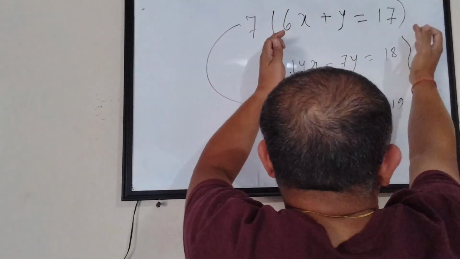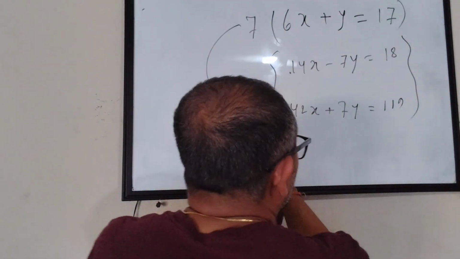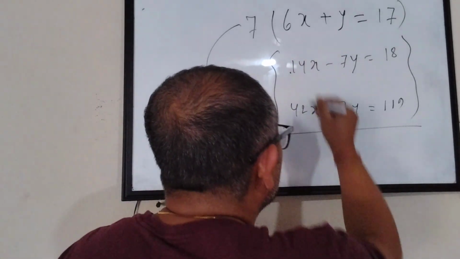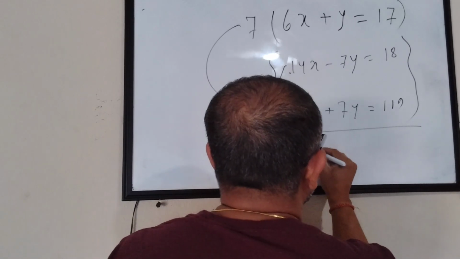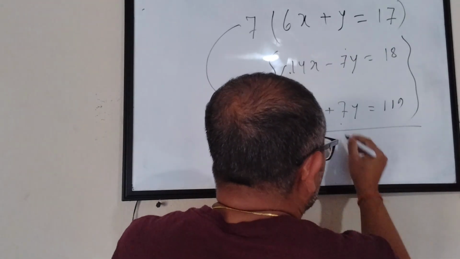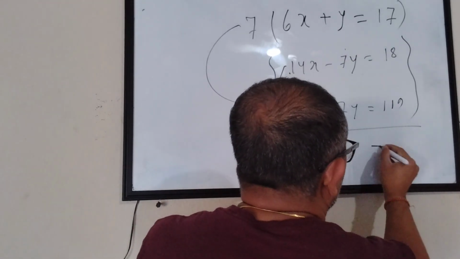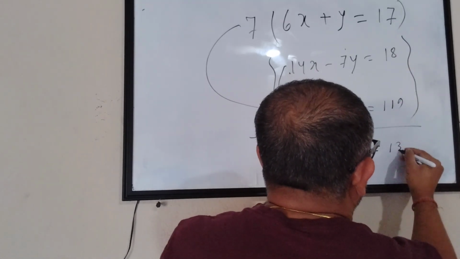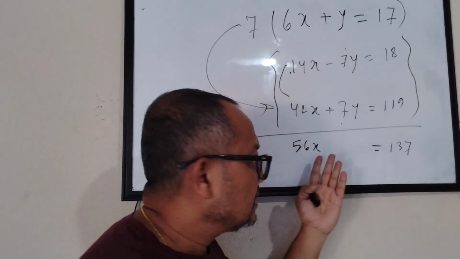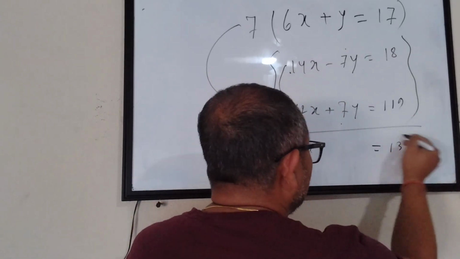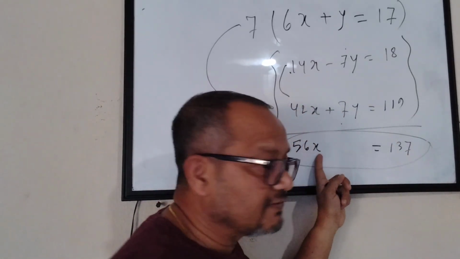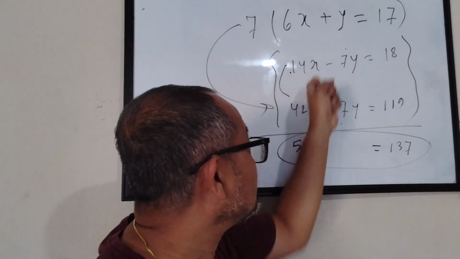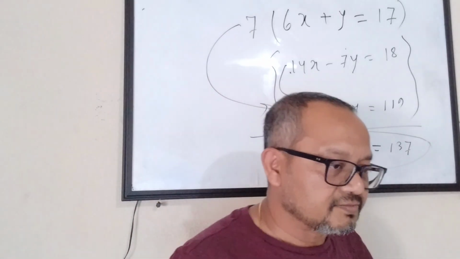So if you add them, this becomes 56x, 7y plus minus 7y becomes 0y, or nothing, equals, add them together, 137. Now this became your derived equation which helps you get the value of x. Okay, and you use this value of x, you can substitute anywhere and it gives you the solution.